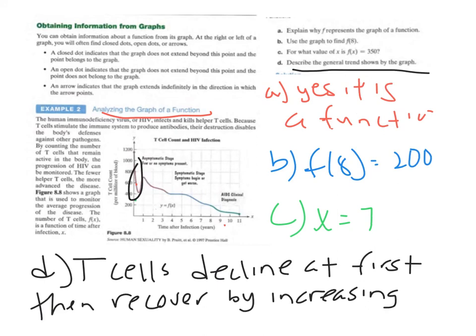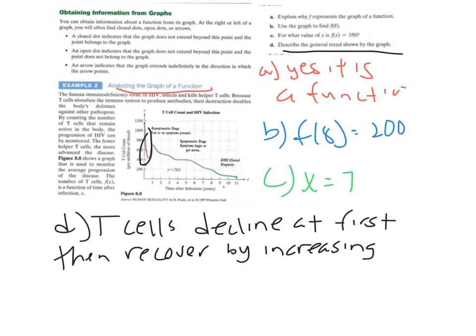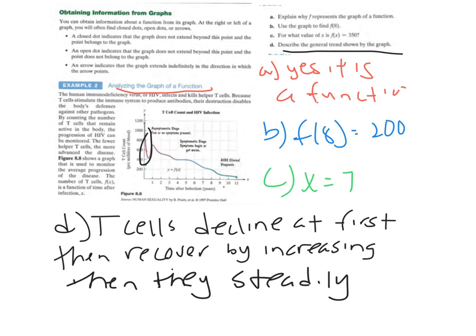You can see how it goes back up. Then they steadily decrease. So there is a trend of our graph as it goes down, back up, and then steadily goes back down.